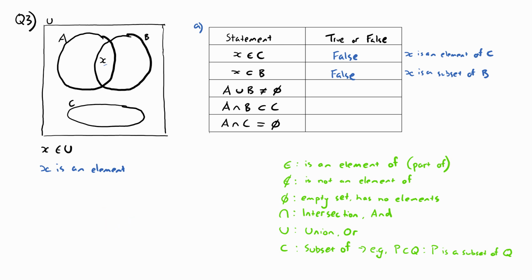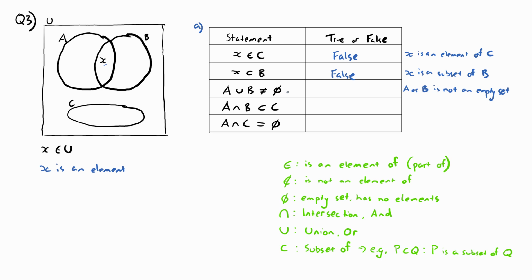Next one, A union B does not equal an empty set. What that means in English is A or B is not an empty set.